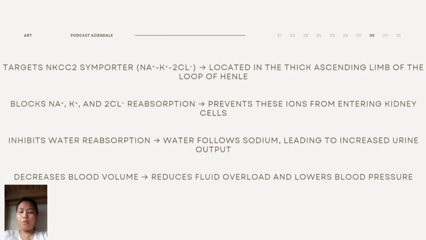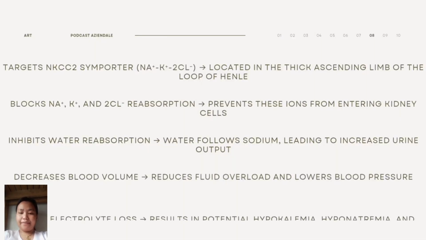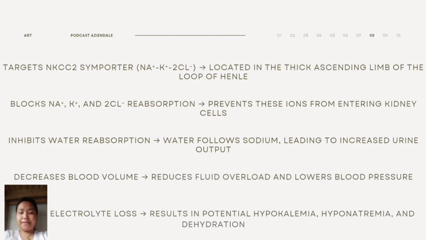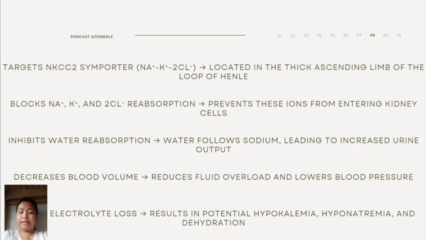So, when you take furosemide, it inhibits the NKCC2 transporter in the thick ascending limb of the loop of Henle, preventing sodium, potassium, and chloride reabsorption. Since water follows these ions, their loss leads to increased urine output, reduced blood volume, and lower blood pressure. The loop of Henle is responsible for maintaining the kidney's ability to concentrate urine.